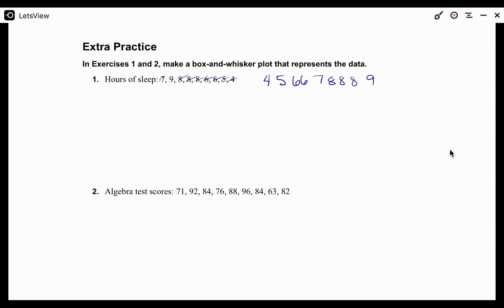Now right in the middle of our data, we've got 4 on this side, 4 on this side, and 7 is right in the middle. So this is our quartile 2, our median. And then right in the middle of the upper half is 8. It's our quartile 3. And in the middle of the lower half we've got 5.5. That's our quartile 1.